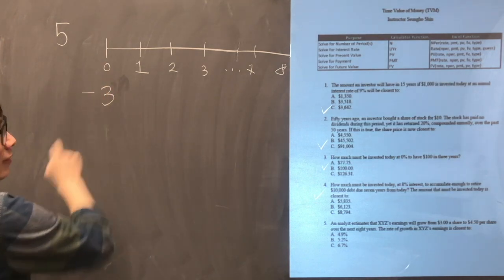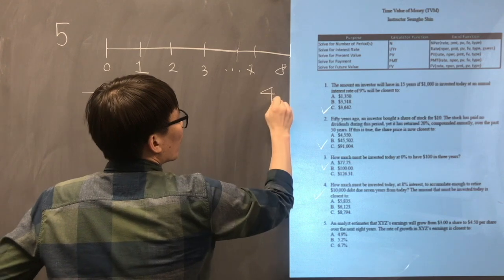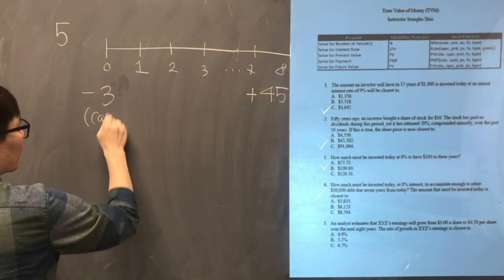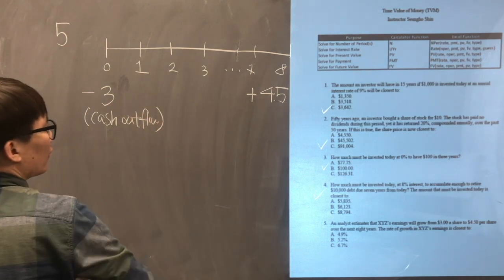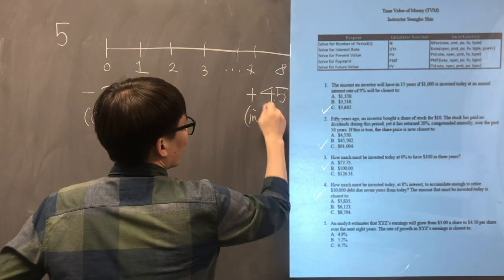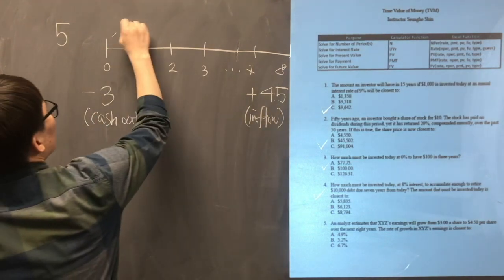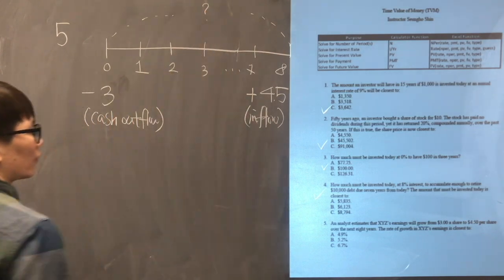They invest $3 and get $4.5. Again, this is a cash inflow, right? The interest rate, we should figure out, right?